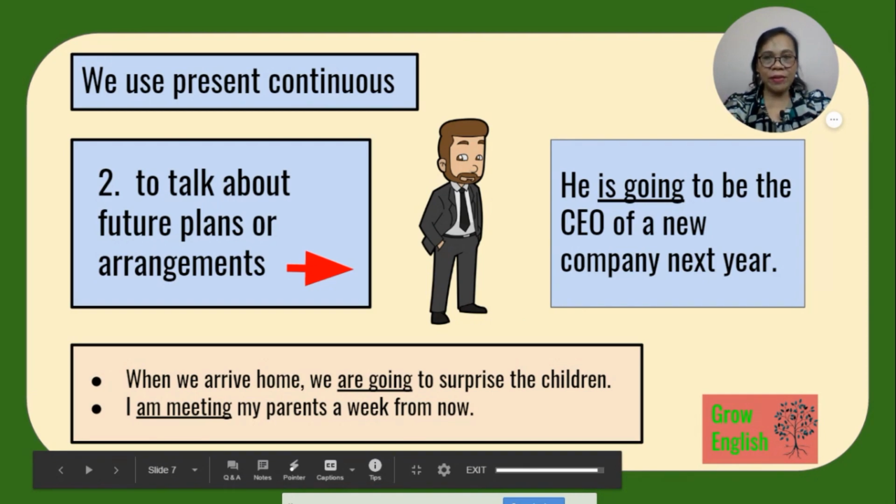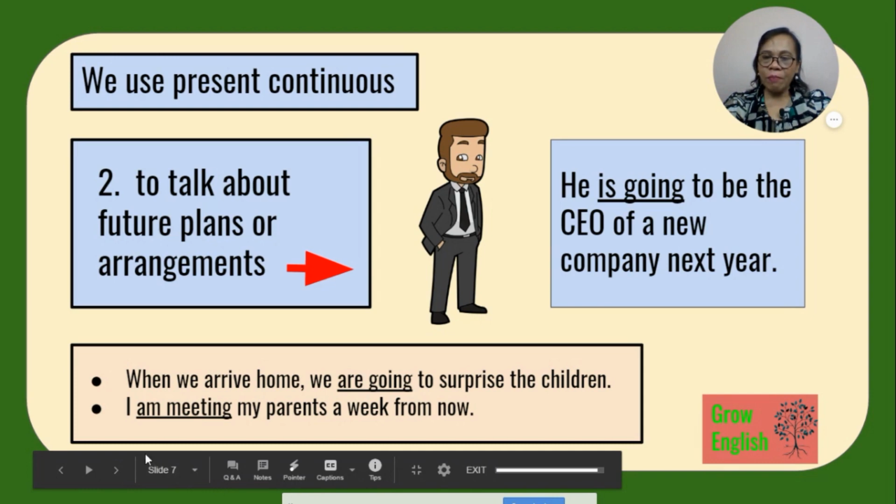This is expressing a future action. Okay. Now we have two other examples below, such as when we arrive home, we are going to surprise the children. Okay, in this example, we have the subordinate clause when we arrive home and the independent clause, which is we are going to surprise the children.